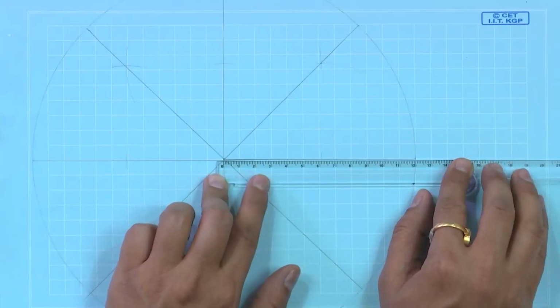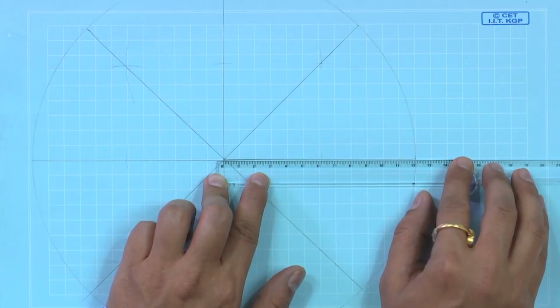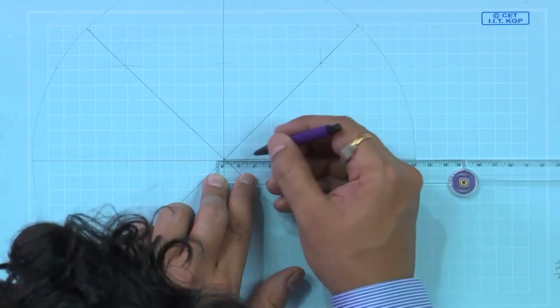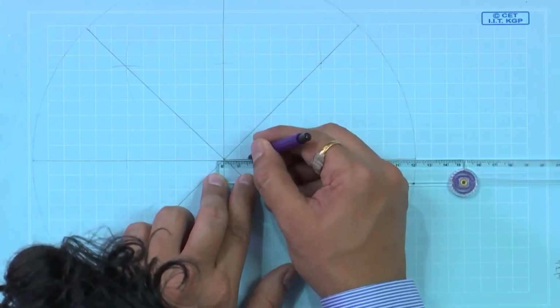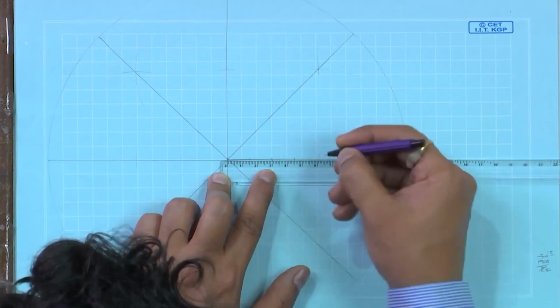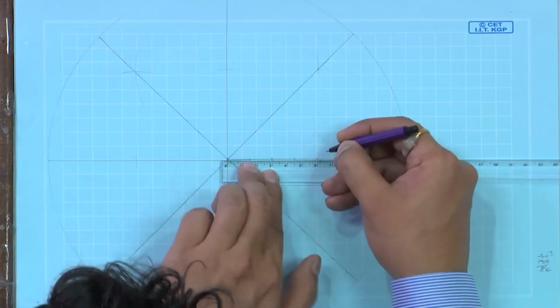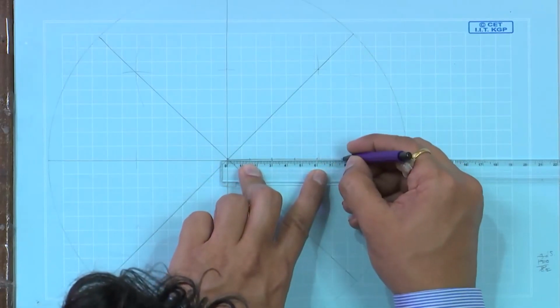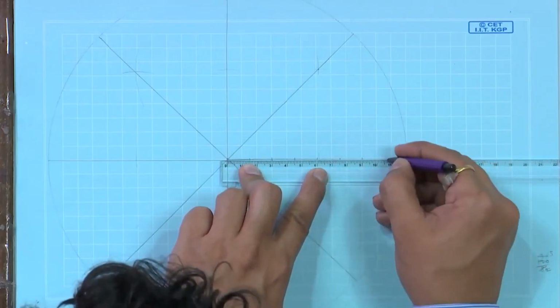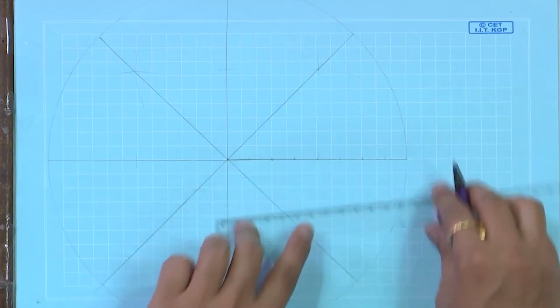Now, the line of 120 mm that we are going to divide into 8 equal parts. So, 120 by 8, we have to use 15 mm. Locate it: 15, 30, 45, 60, 90, 105 and 120.